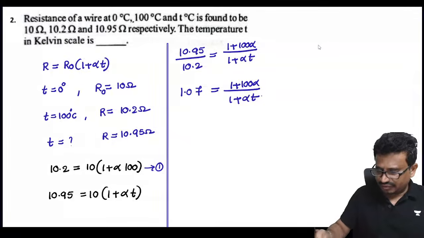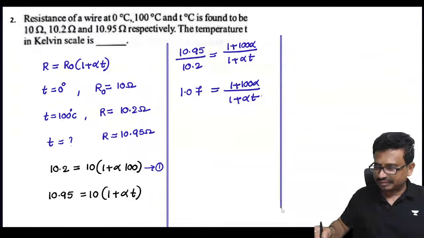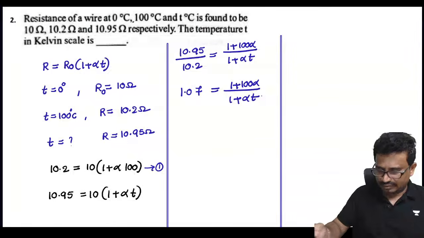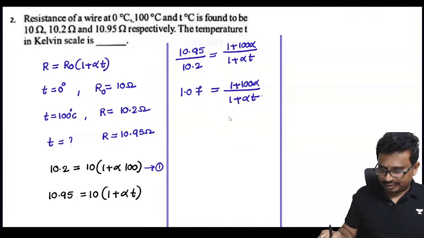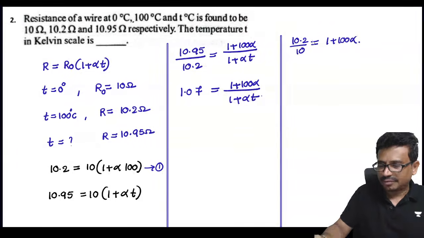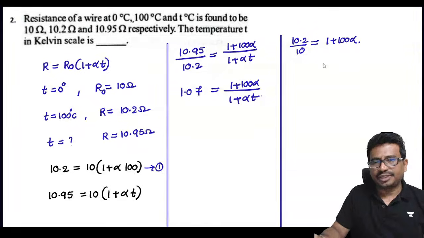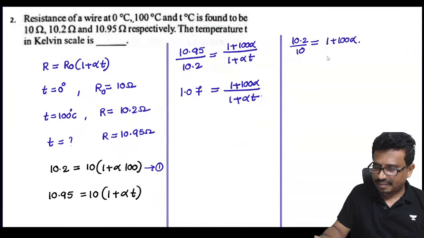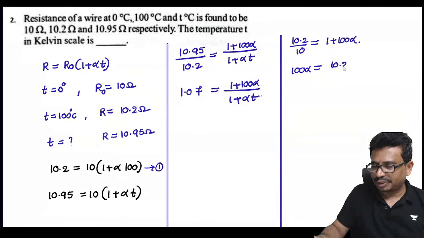From equation 1 we can get this alpha value. If I divide 10.2 by 10, it is equal to 1 plus 100 alpha. Now subtract: 100 alpha equals 10.2 by 10 minus 1.